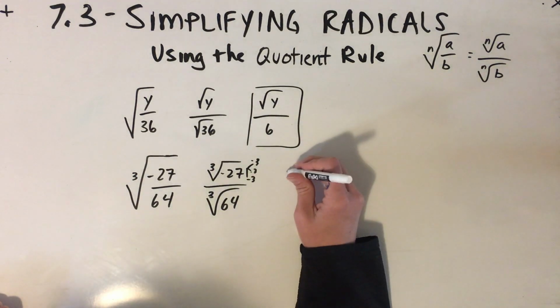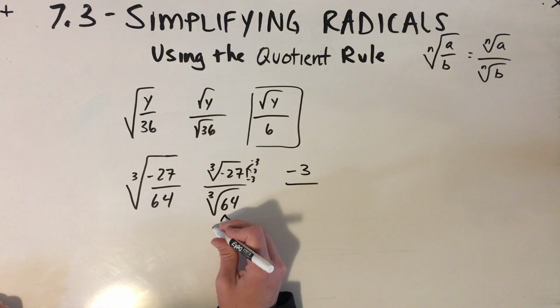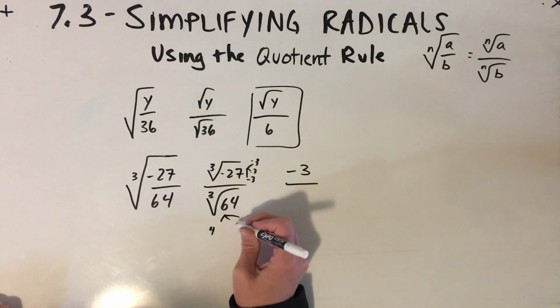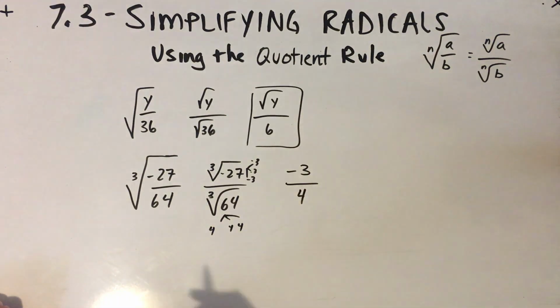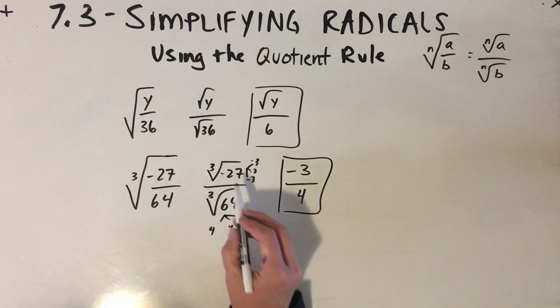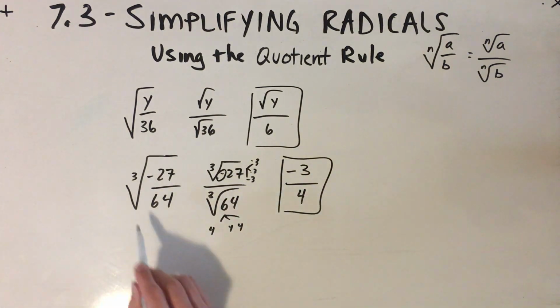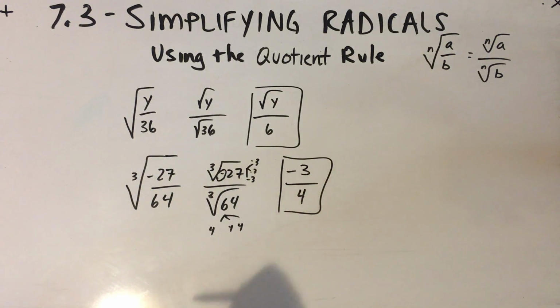So this would be a negative 3, and the cubed root is 4 times 4 times 4 of 64. So this would be a 4. So this would be my answer. It's negative again because this sign right here is negative. When you have an odd index, you can have a negative radicand.